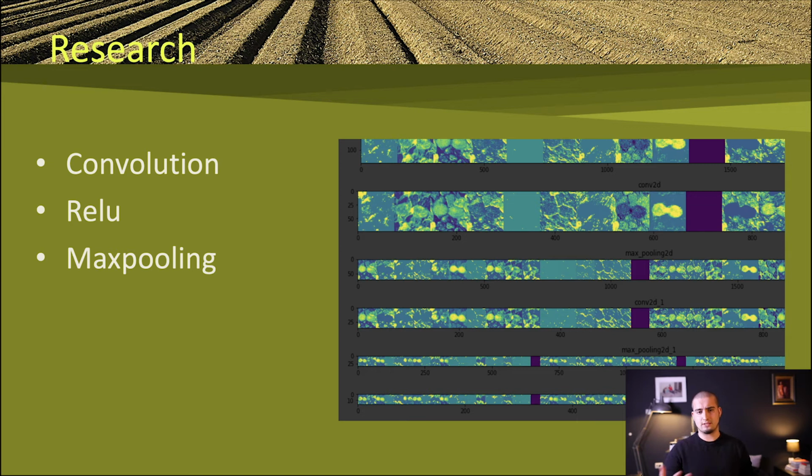The first convolution extracts 16 filters of size 3 by 3, and the convolution is followed by a max pooling layer with a 2 by 2 window. That is the same for all three convolutions.